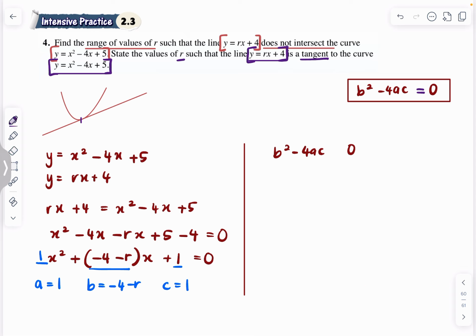So in this case, I'll use the purple one, b squared minus 4ac equals 0. So negative 4 minus r, squared, minus 4ac equals 0. So this one will be 16 plus 8r plus r squared minus 4 equals 0.